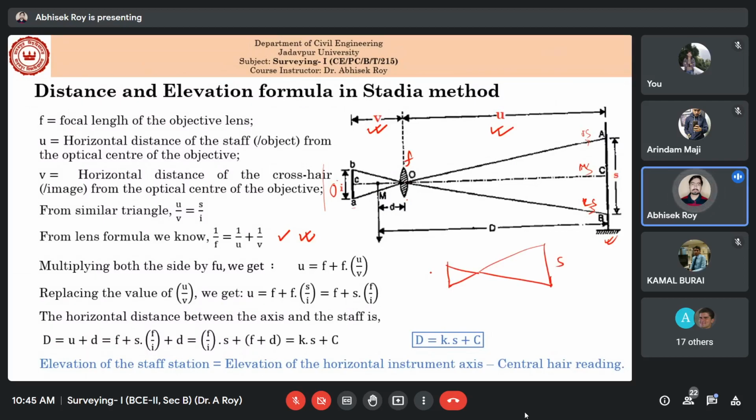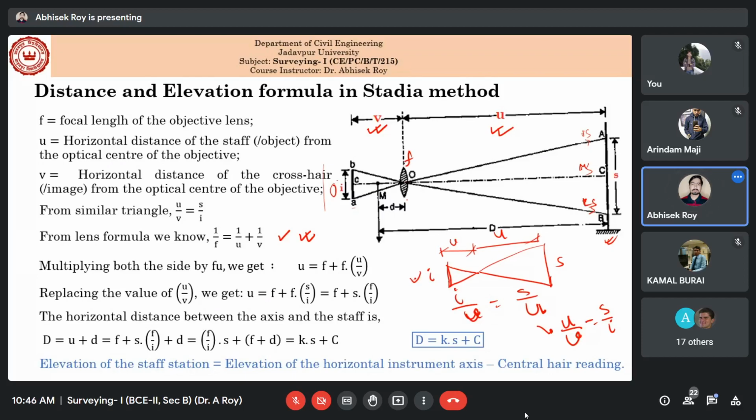This is S, this is I, and this is V, and this is U. So from this triangle also we can write that I by V will be equal to S by U. Now from this you can write U by V will be equal to S by I, right?